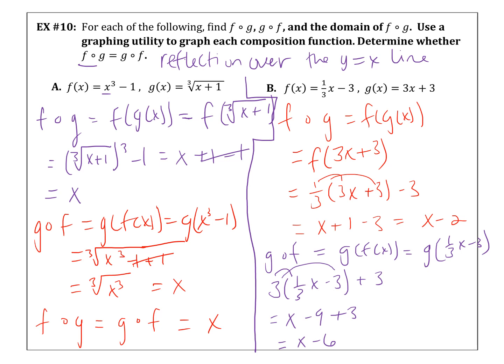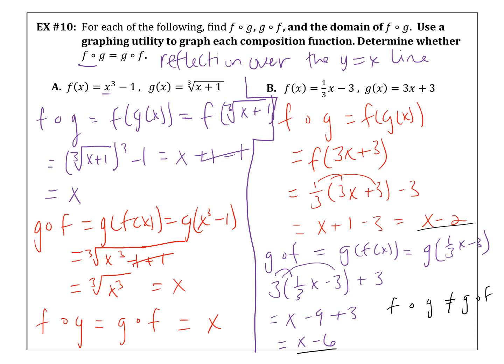So for one, we had x minus 2. For the other, we had x minus 6. So determining whether f composed of g equals g composed of f, the conclusion here is f composed of g does not equal g composed of f. And this is going to be important in 2B.3 when we start talking about inverse functions.